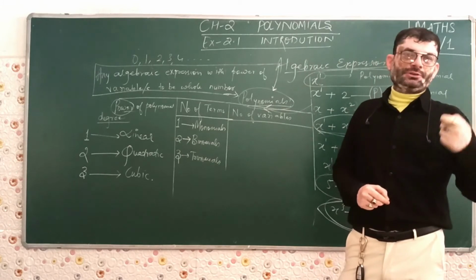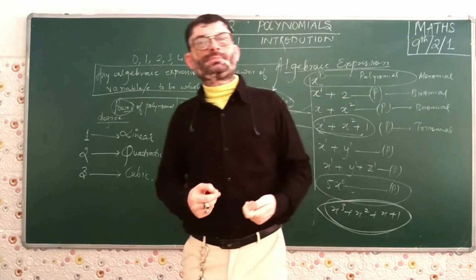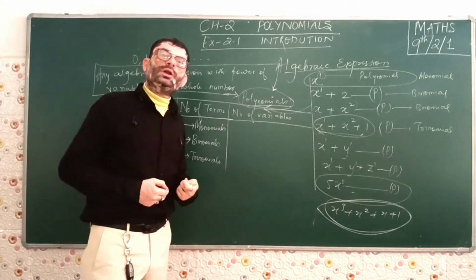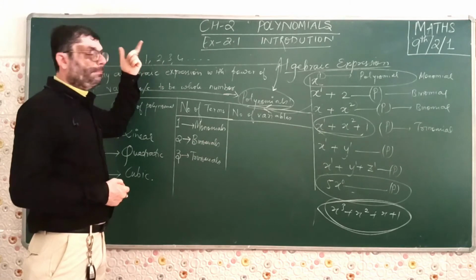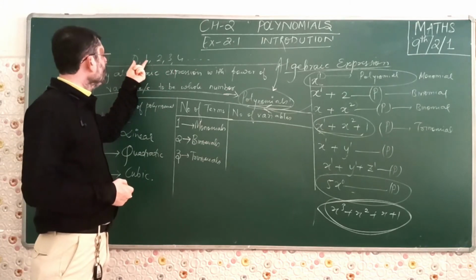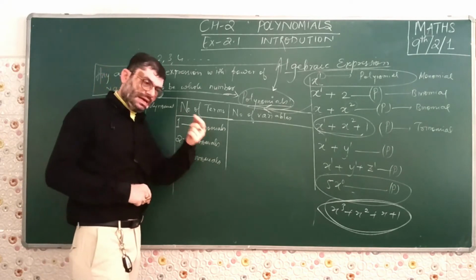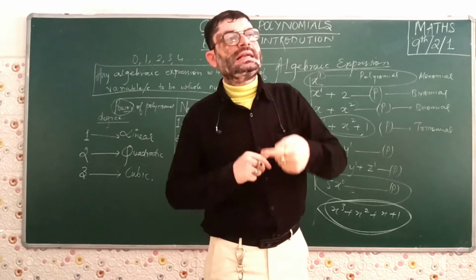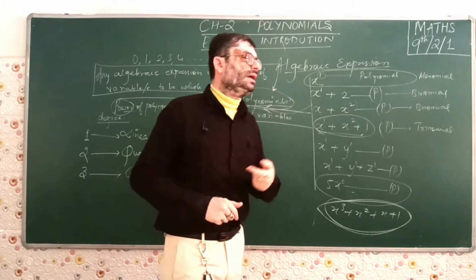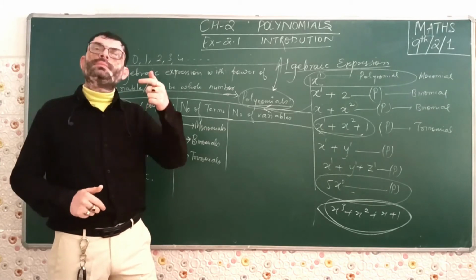The degree of each variable, if it is a whole number, then only that algebraic expression can be called a polynomial, otherwise not. That means the power of that variable can be 0, 1, 2, 3, 4, all the whole numbers, then only it is a polynomial. If it is a negative number, decimal number, fraction, then that algebraic expression cannot be termed as a polynomial.